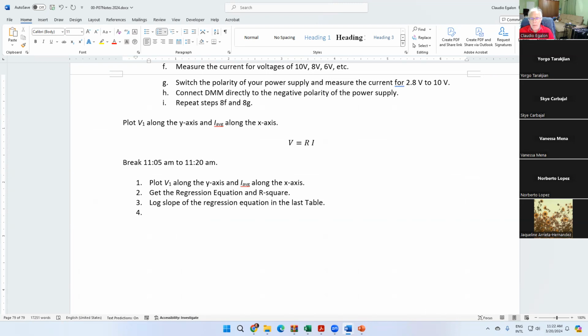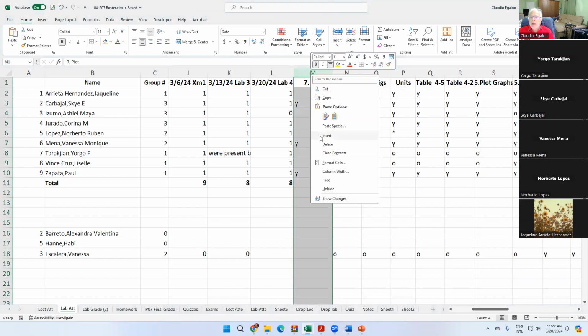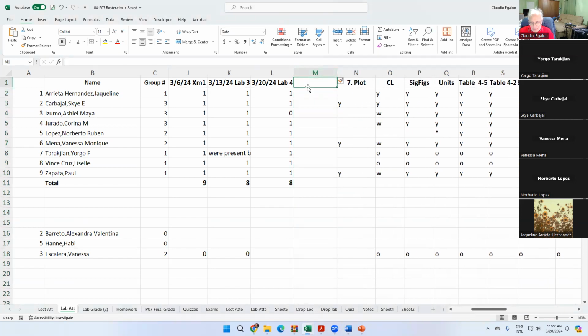Okay. And let's see what was the percentage difference that you got there in the last table. I'm not going to go through everybody. Jacqueline, did you get the percentage difference between your slope and the measurement of the resistor? What did you get?